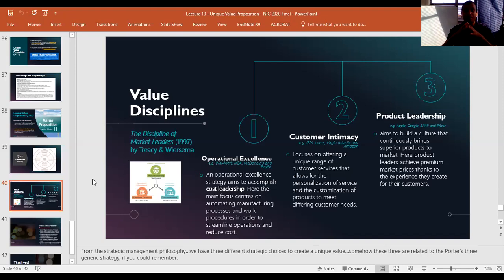What I'm saying is that these three value concepts, these three disciplines, are closer to some of the concepts which we have learned in the last class. I just wanted to know whether you are able to recall or link these three philosophies with the one which we taught earlier. Any one of you? No?